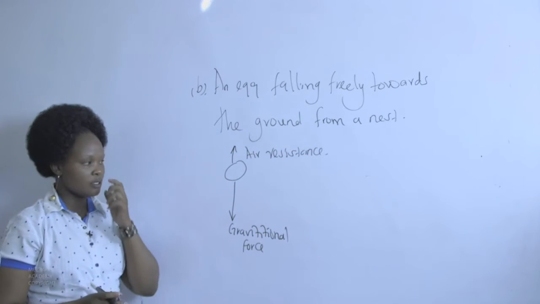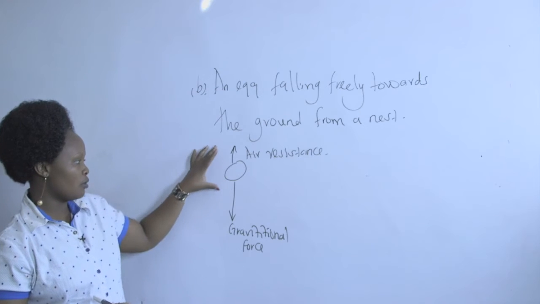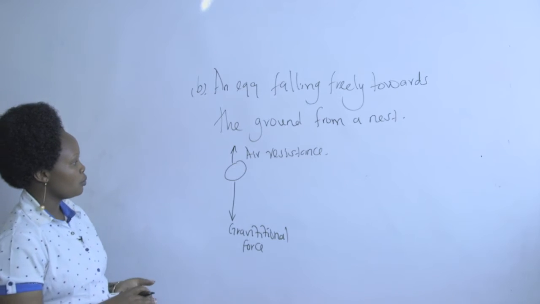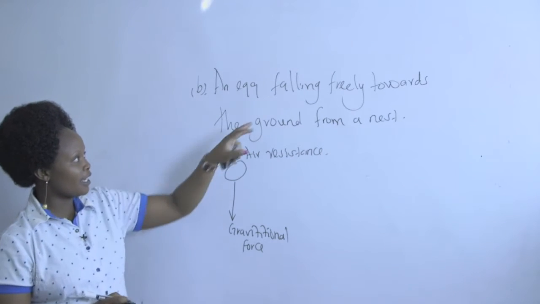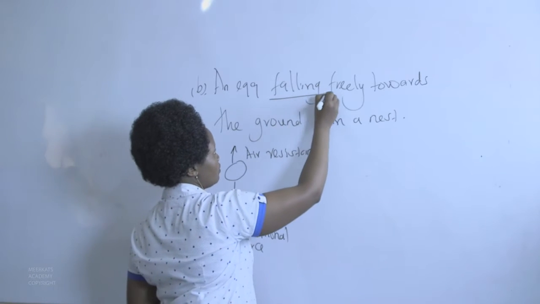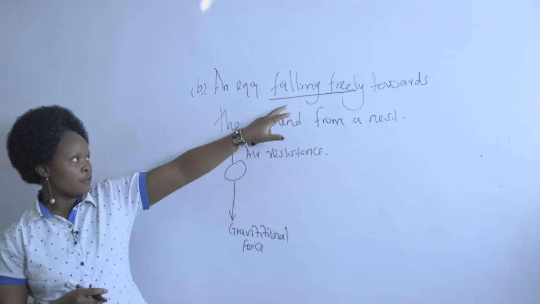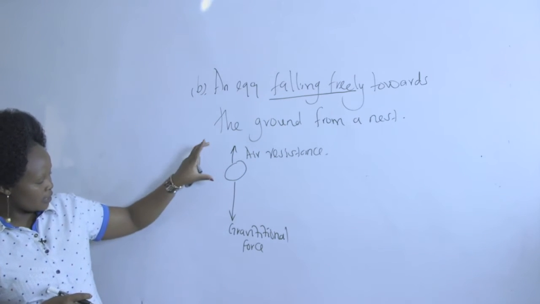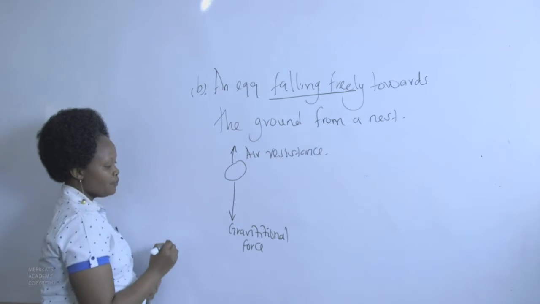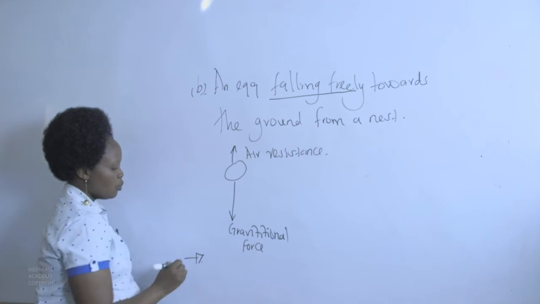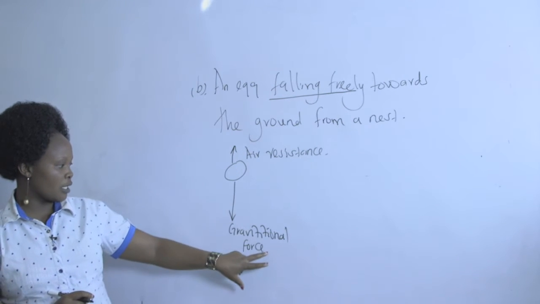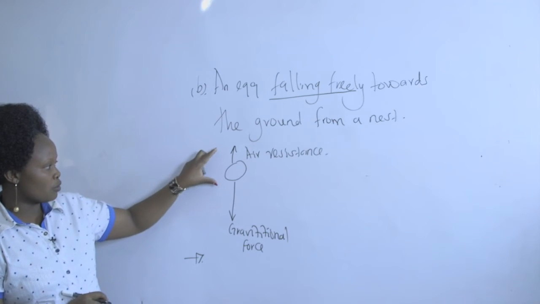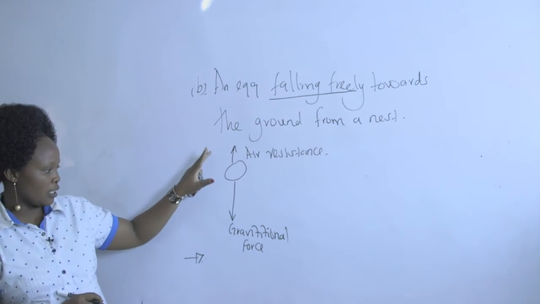Now, how do the two forces compare? We have been told that the egg is falling. It is actually falling, therefore, it is not at a standstill. It is actually moving. Now, it means one of the forces acting on the egg should be bigger than the other one for it to produce an effect on the egg.